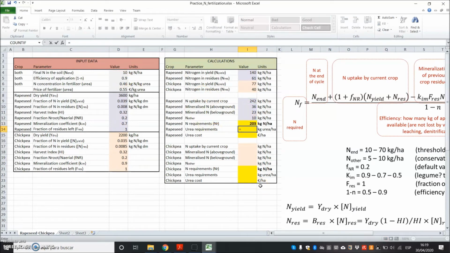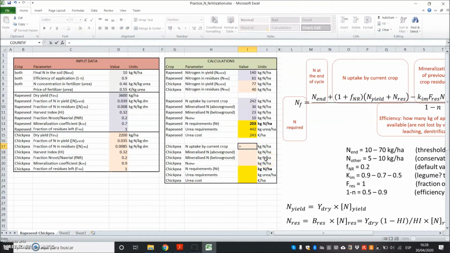The requirements of urea in this case will be calculated from the concentration of nitrogen in the fertilizer, and the cost can be easily calculated from the requirements of urea and its price, 243 euros per hectare. In the case of chickpea, we are going to use exactly the same procedure.